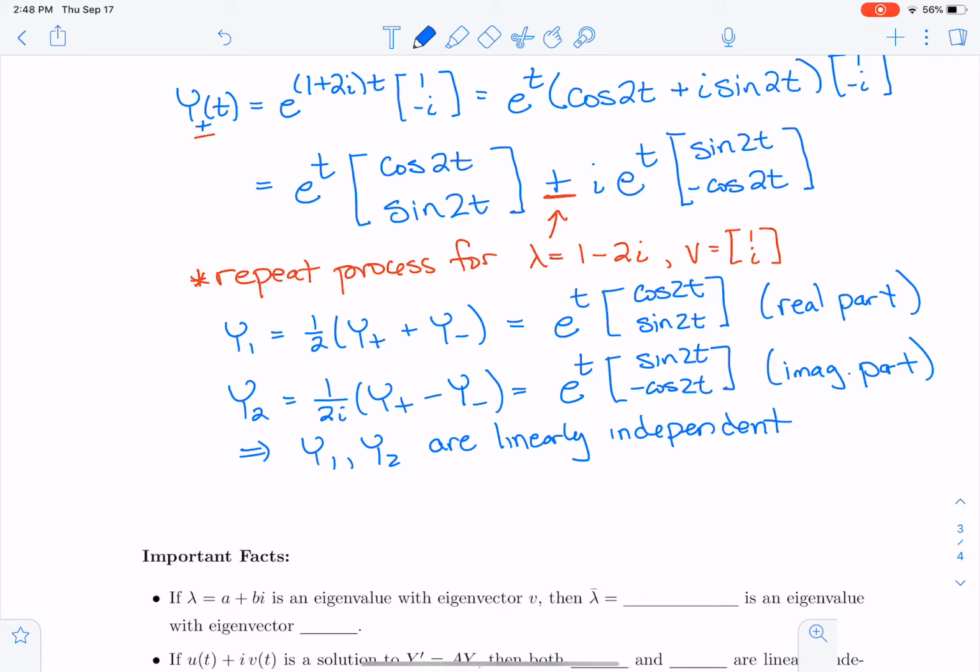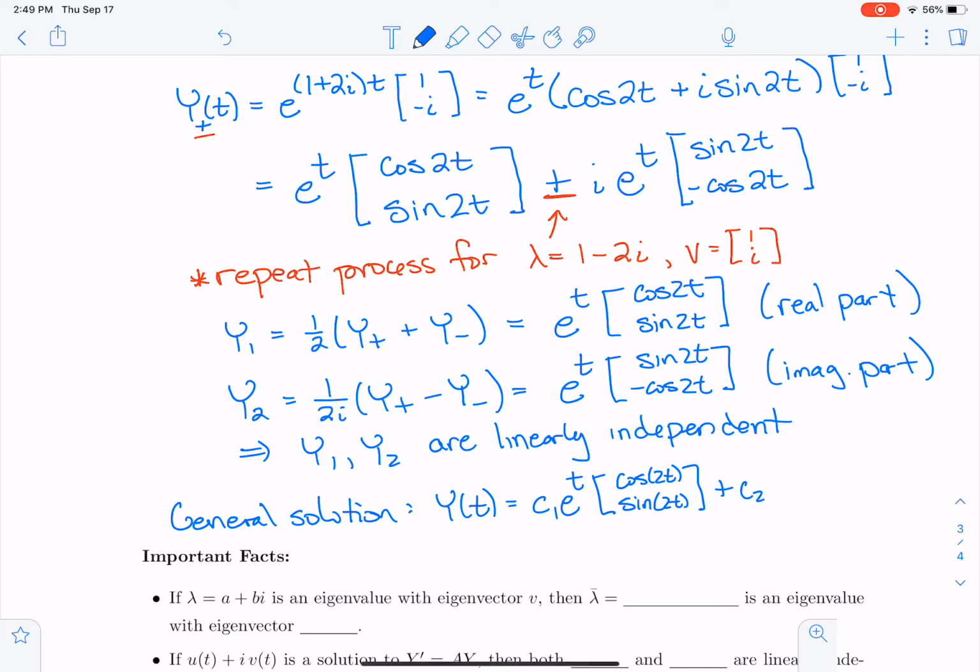And so the general solution, if we do that, is going to be y of t equal to c1 e to the t times cosine 2t sine of 2t, and then c2 times e to the t sine 2t and then negative cosine 2t.